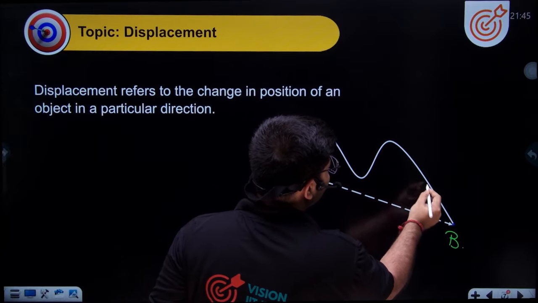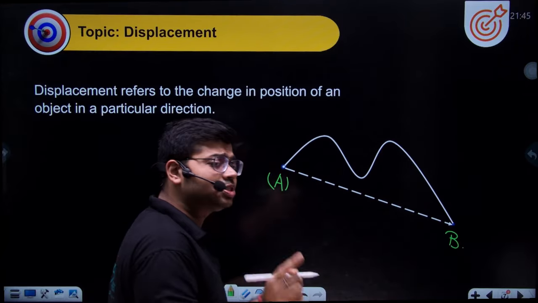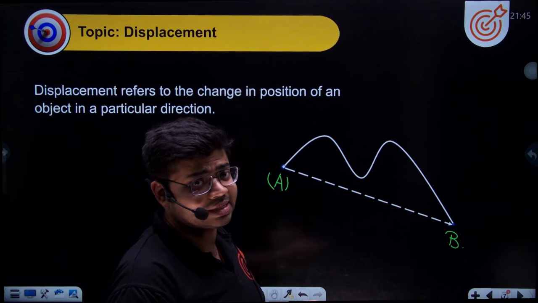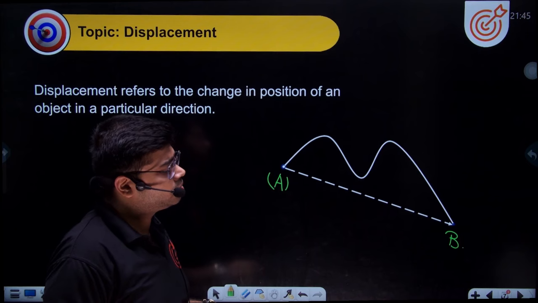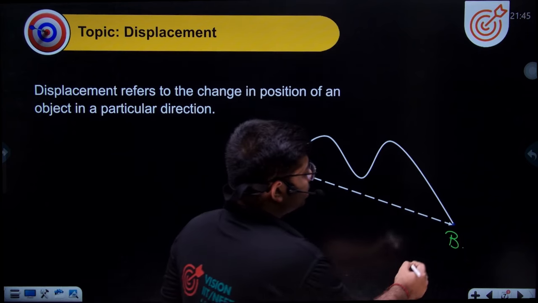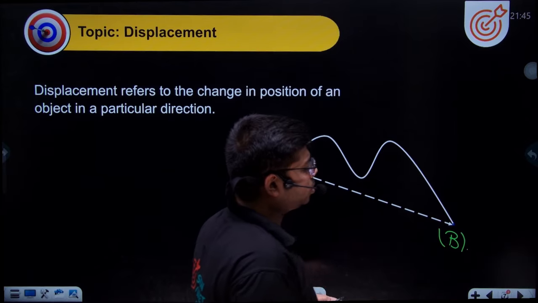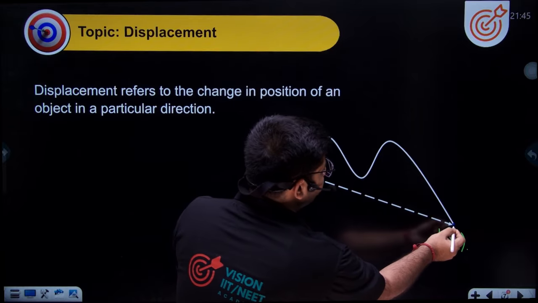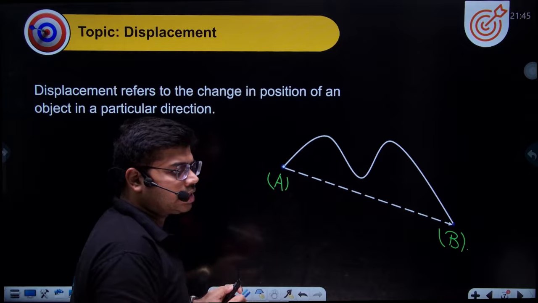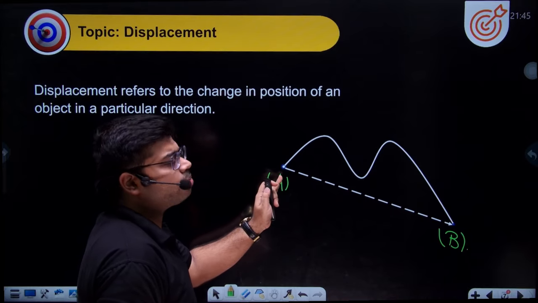Now if you are asked to find the displacement, not the distance this time, then what is the displacement covered by you? You will say that displacement is nothing but we just look for the final position and the initial position. What was our starting position?